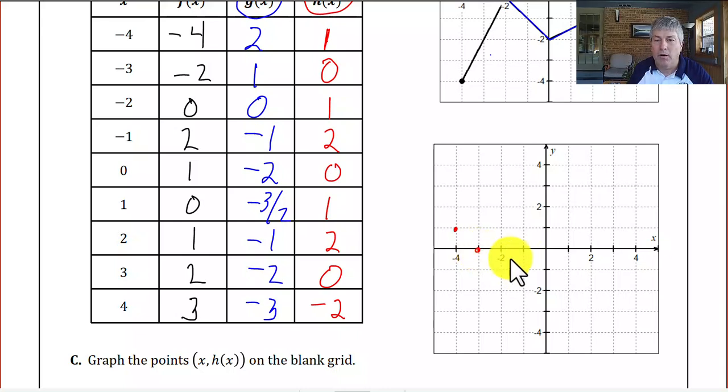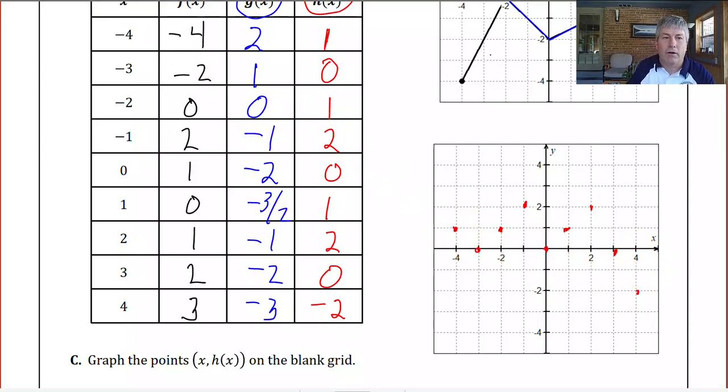When I input -2, I output 1. When I input -1, I output 2. When I input 0, I output 0. Input 1, output 1. Input 2, output 2. Input 3, output 0. Input 4, output -2.